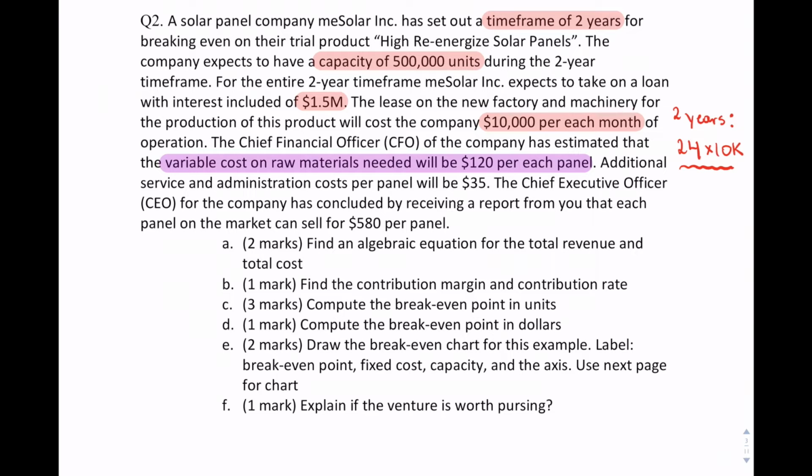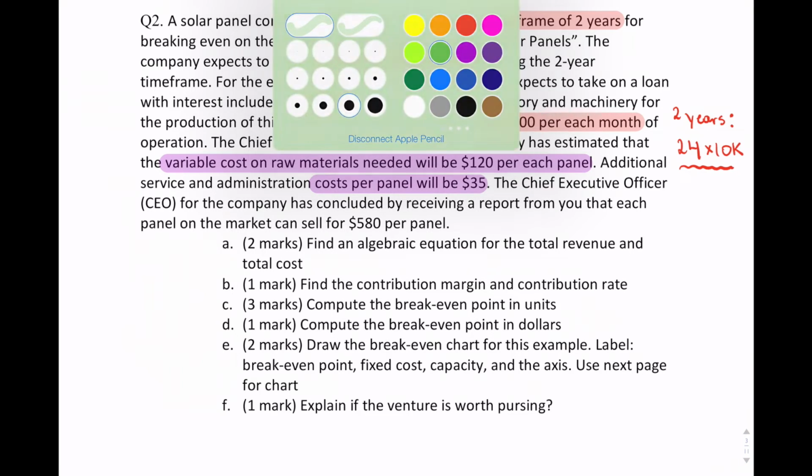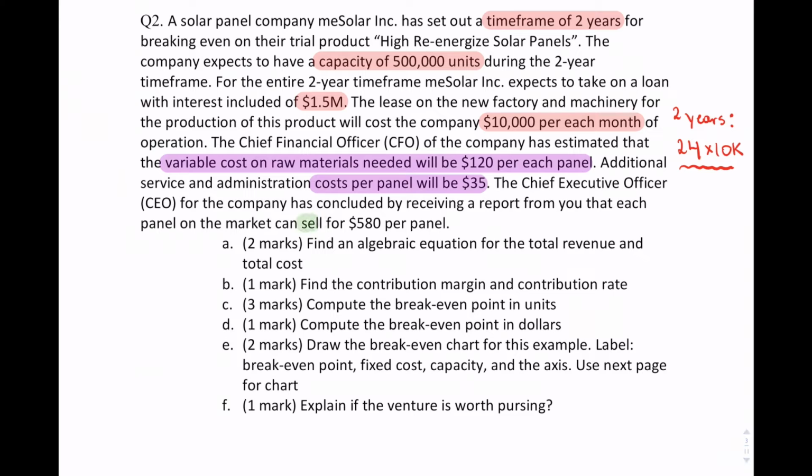So this is another variable cost because it's per panel. The chief executive officer has concluded, by receiving a report from you, what each panel can sell for on the market. That is the selling price. Now I guess we have everything.